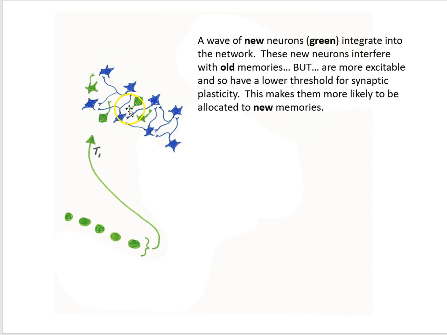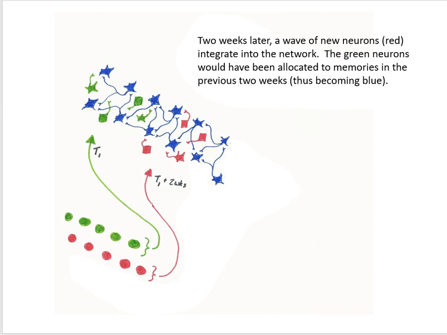As they take up positions and make their synaptic connections, they are disturbing the patterns of connectivity that represent older memories. But these new green neurons are more excitable and so have a lower threshold for synaptic plasticity, and this makes them more likely to be allocated to new memories. So in a sense, neurogenesis is clearing the hippocampus of older memories in preparation to make new memories.